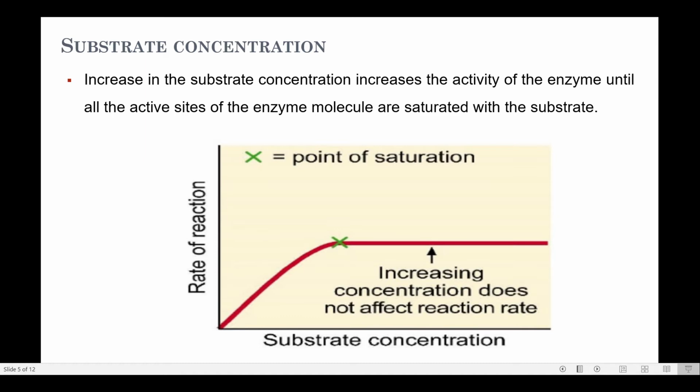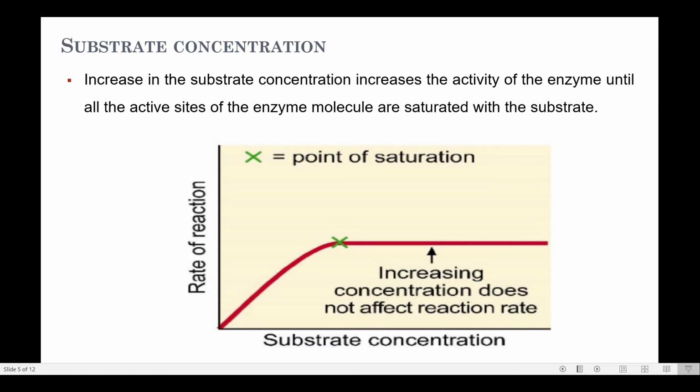When the substrate concentration is low, the reaction is first order, with the rate being proportional to the concentration of substrate. Enzyme active sites are still free in the case of low substrate concentration, but when the substrate concentration is increasing, the increase in rate of reaction begins to slow down.